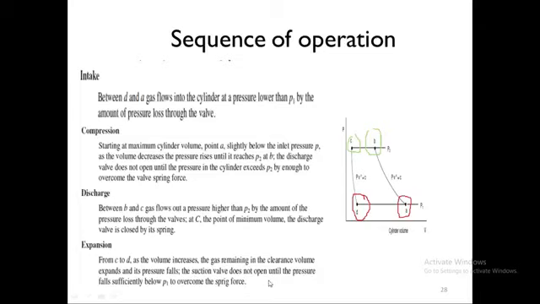The suction valve does not open until the pressure falls sufficiently below P1 to overcome the spring force. So after it has fallen enough, the spring force will let the inlet valve open and fresh gas will come in.